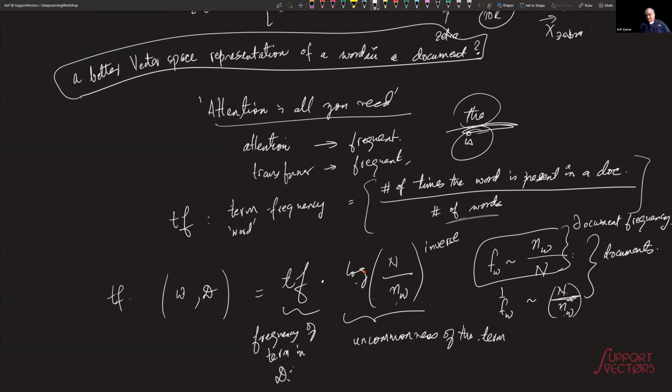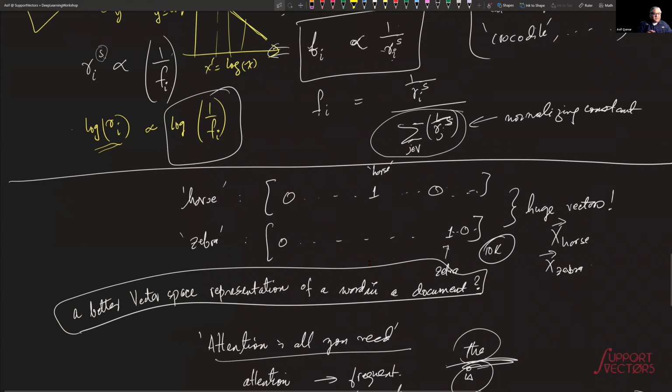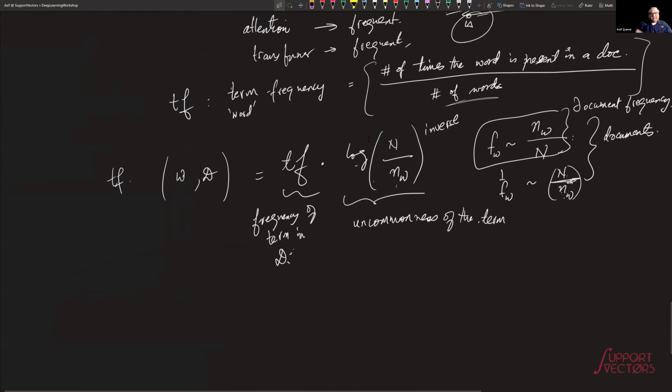Why are we taking the log? Do you remember? Because of the Zipfian distribution, it makes sense to not use the rank, but the log rank, because it linearizes things. Otherwise the scales are very different. So this is it, and the word for this is TF-IDF.